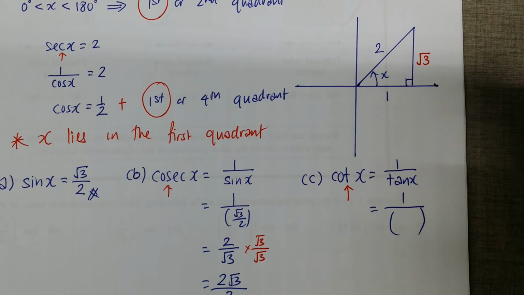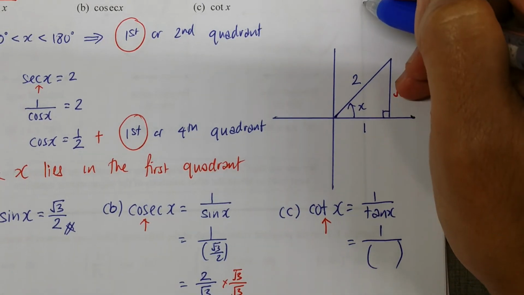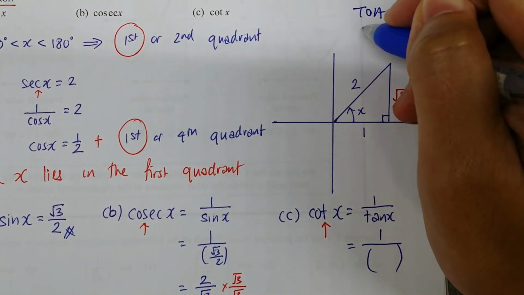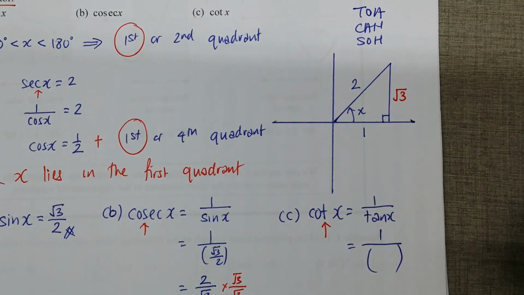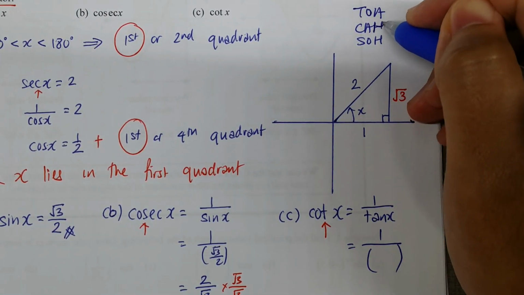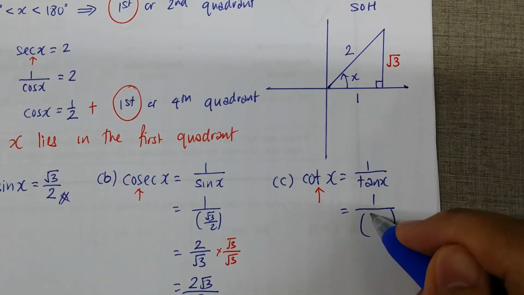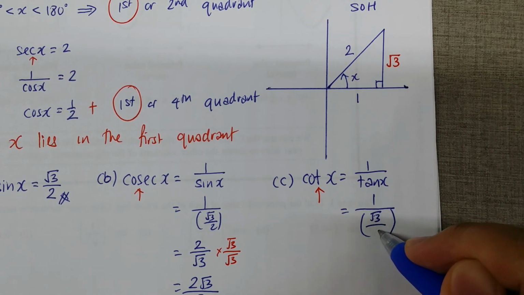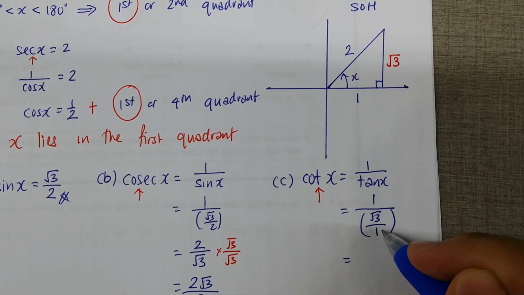Tangent means opposite over adjacent. I hope you can recall. If not, I write here: Toa, opposite over adjacent. Opposite is square root 3, adjacent is 1. 1 over square root 3 over 1. 1 divided by square root 3 over 1 is just 1 over square root 3.